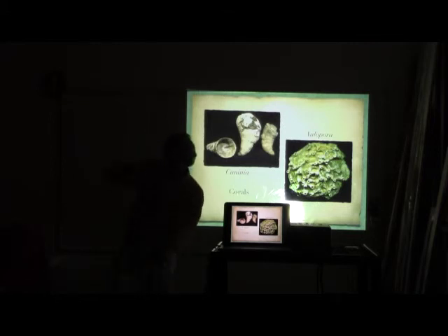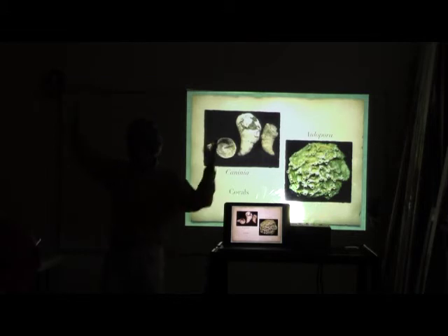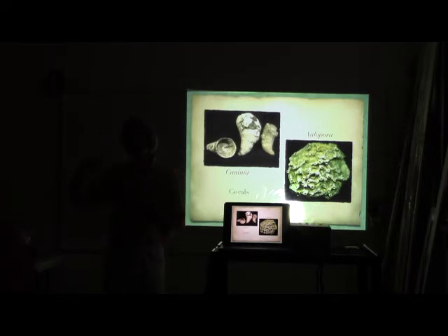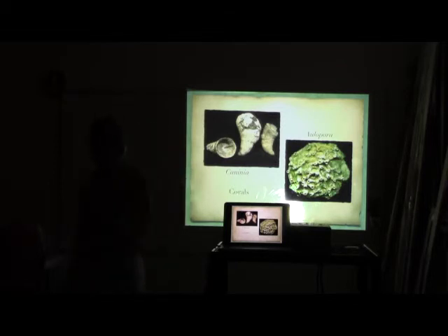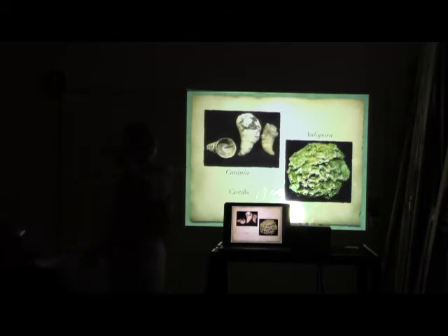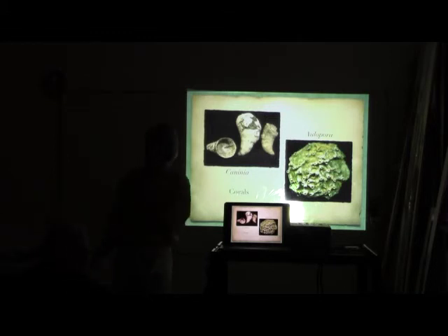So every time you make a coal bed, that's CO2 that came out of the atmosphere. That means the CO2 levels in the atmosphere drop, which is probably one reason why we had an ice age, because CO2 is a greenhouse gas. The more CO2 in the atmosphere, the warmer the global climate. You take the CO2 out, the global climate gets colder.